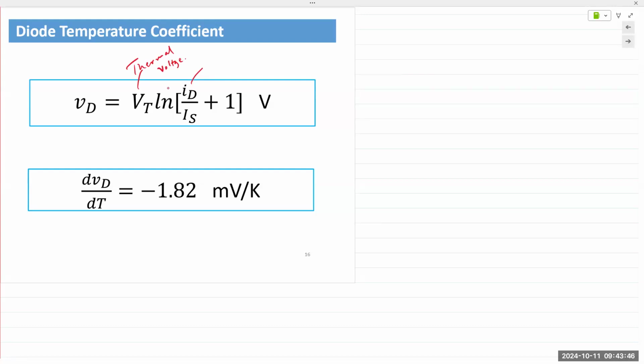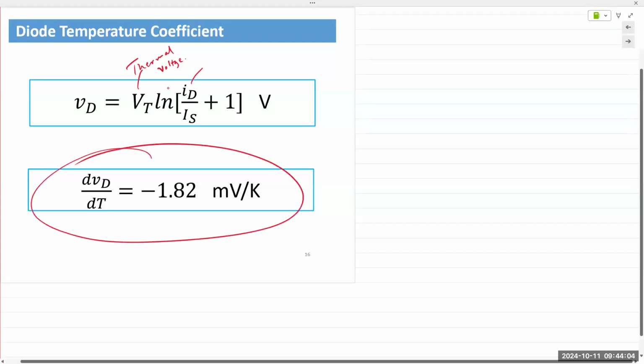If we take the derivative of this equation with respect to temperature, which we see in the next equation, the derivative of the voltage with respect to temperature, we obtain a fixed value of minus 1.82 millivolts per Kelvin.